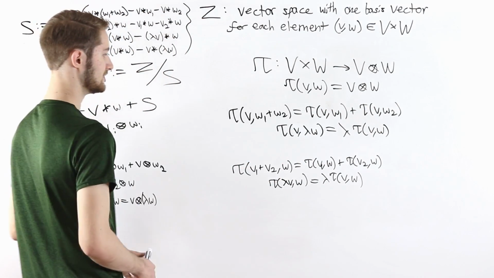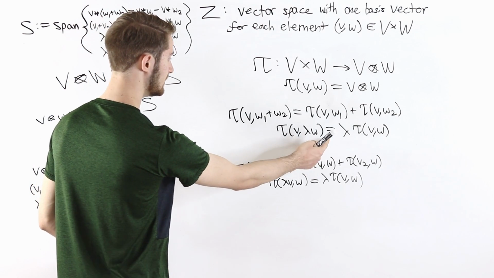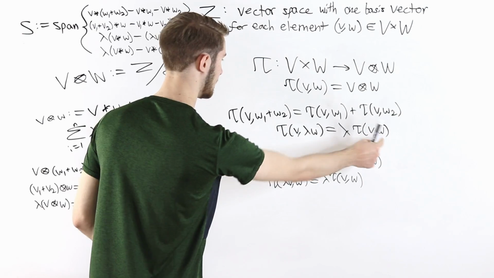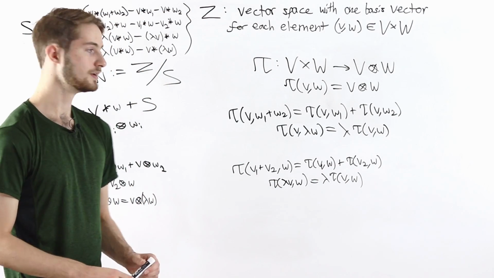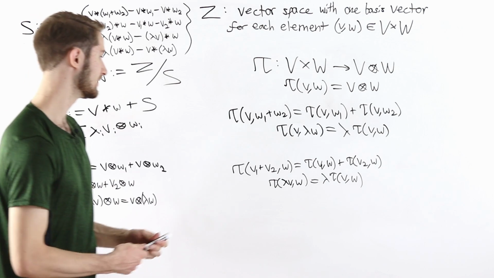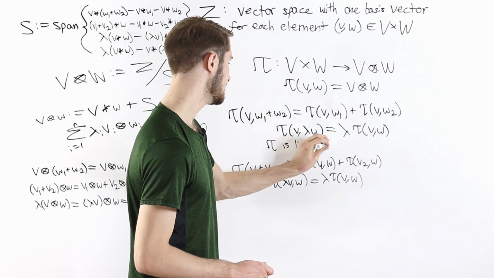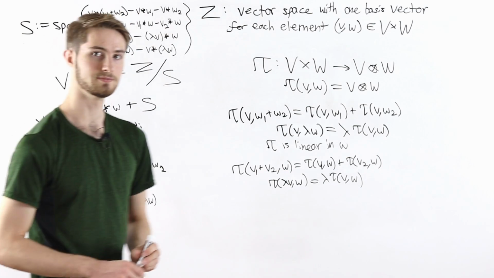And the second equation says that if we fix v, then tau applied to lambda w equals lambda times tau applied to w. Now you might recognize that these two relations on the second input tell us that tau is linear in the second input w.